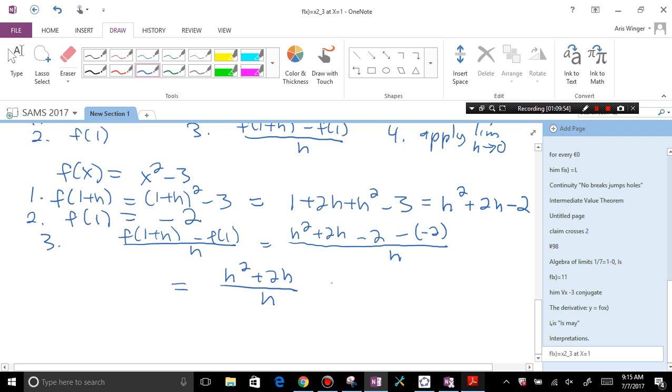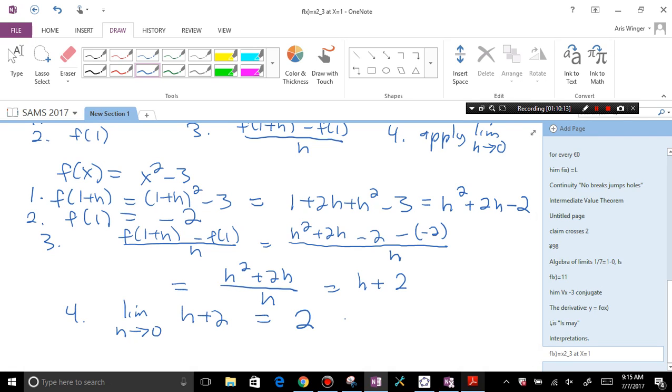Everything has an h in common. This is just h plus 2. And then we apply the limit. The limit as h tends to 0 of h plus 2 is 2. Questions there? So pick one. That's the definition.